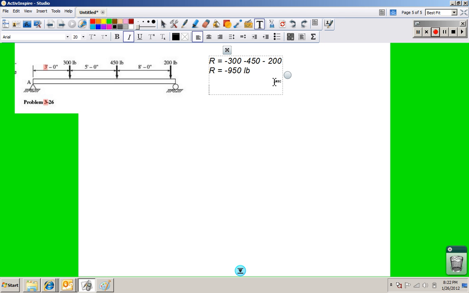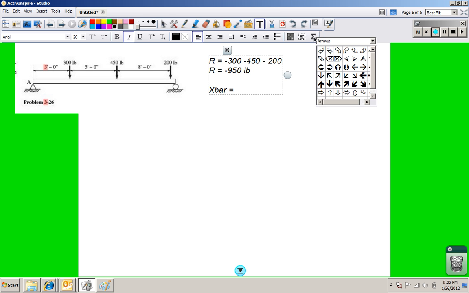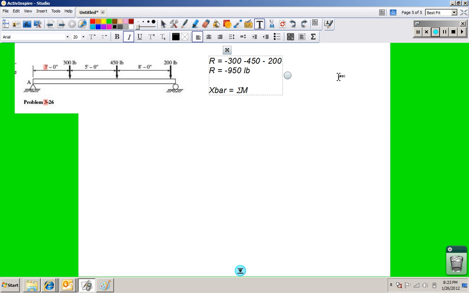Alright, and remember we have the formula that says that x bar is equal to the sum of the moments.